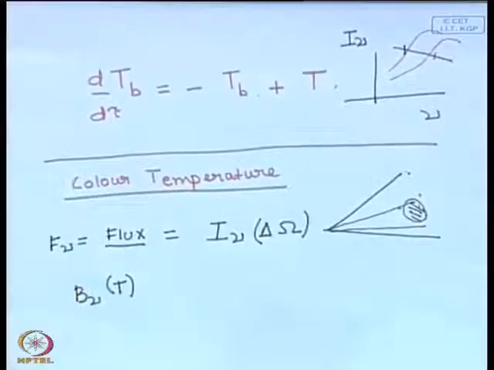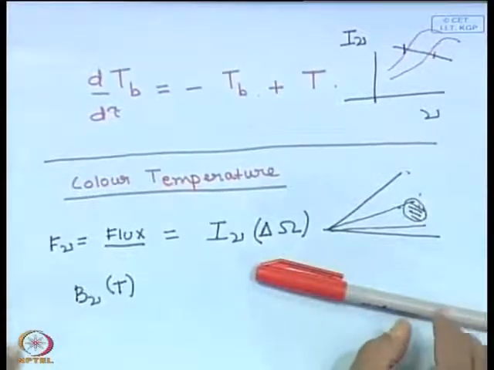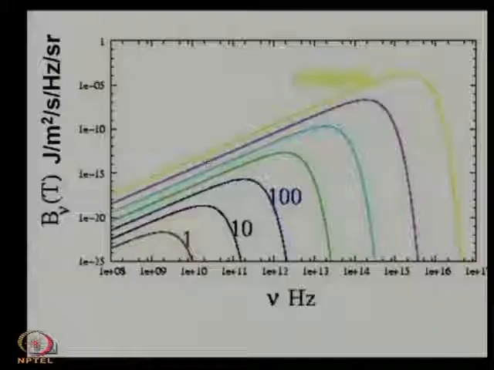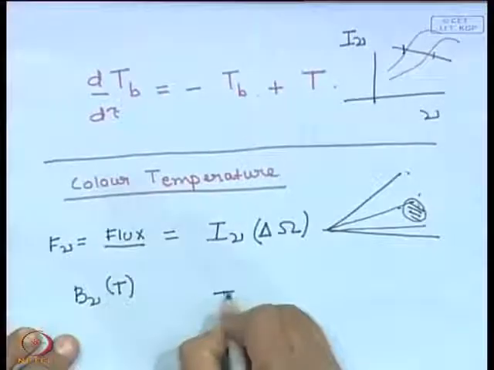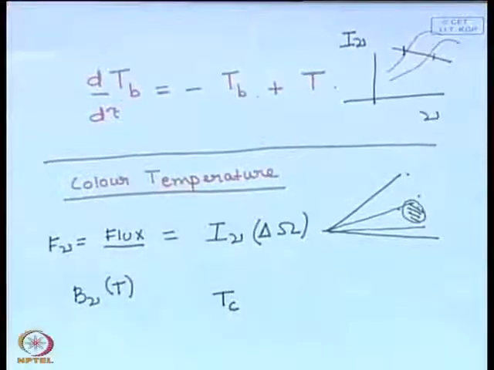So, what I will do is take the shape of the flux as a function of frequency and fit it, see which black body spectrum the shape best matches, and then use that to determine a temperature called the color temperature.